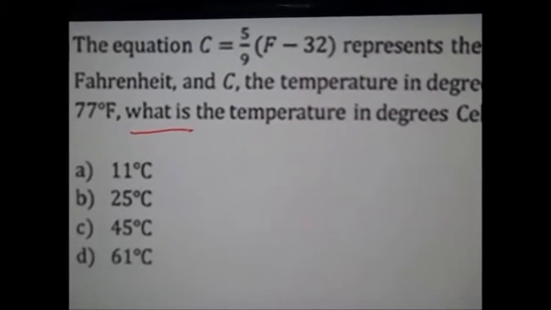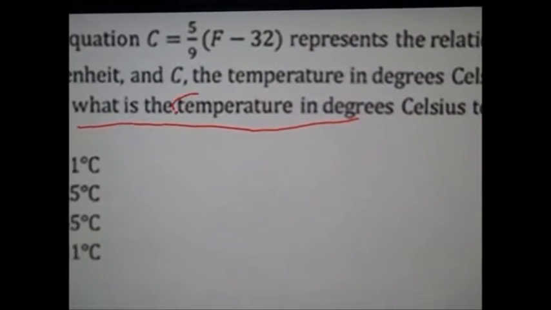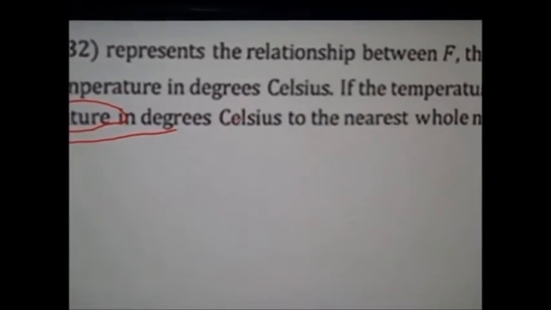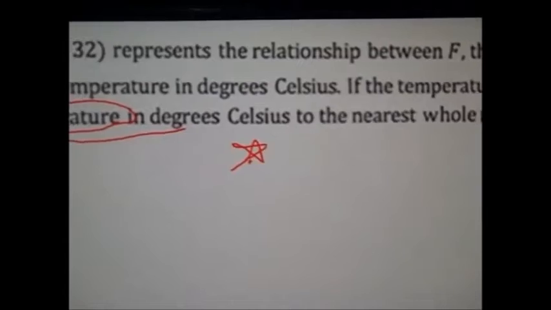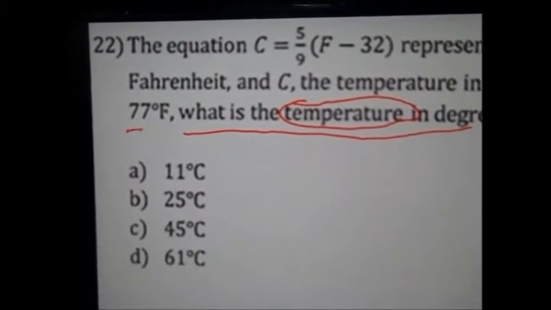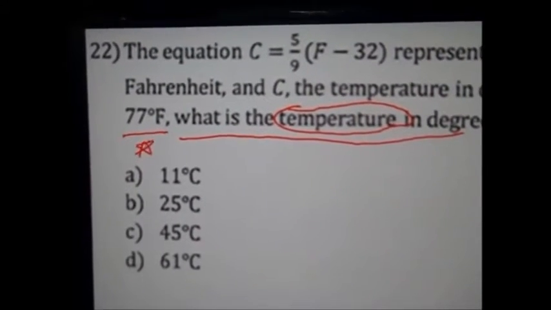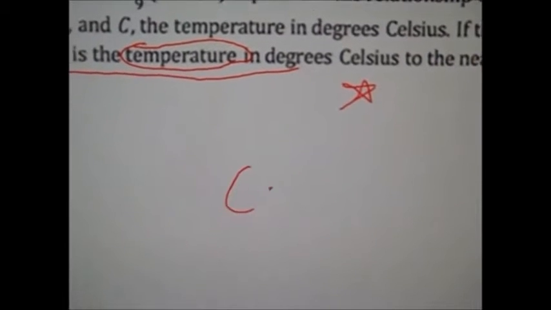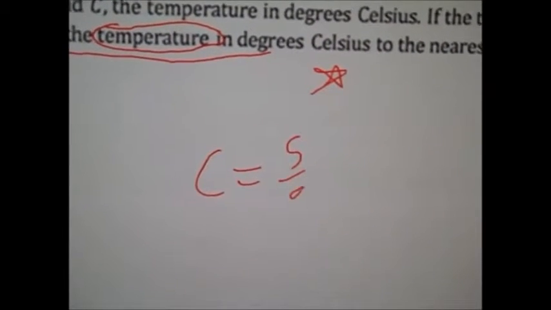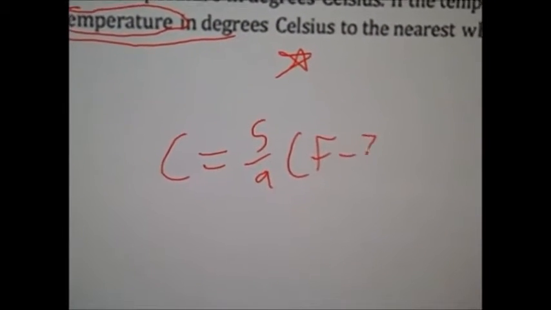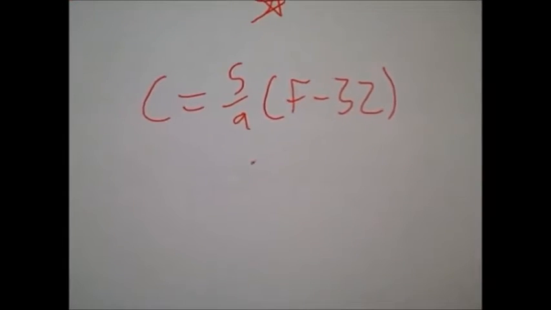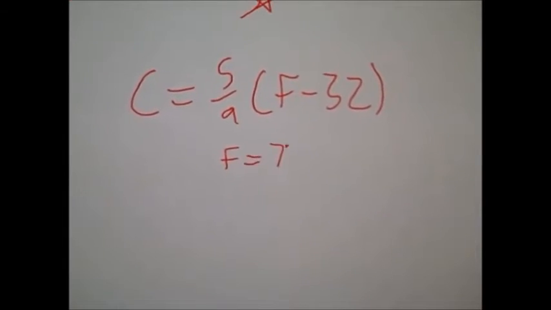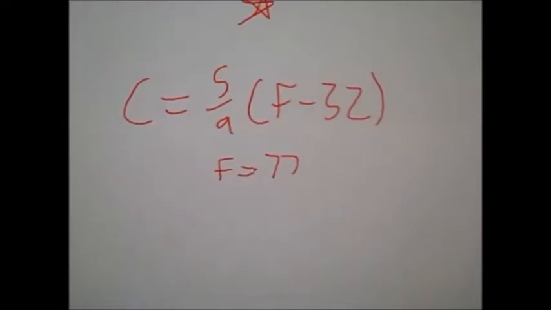It wants to know what is the temperature in Celsius. You have temperature in Fahrenheit, and you want to find temperature in Celsius. Use the equation that's given. Plug in the values that are known. In this case, we know that F equals 77. It says so here.